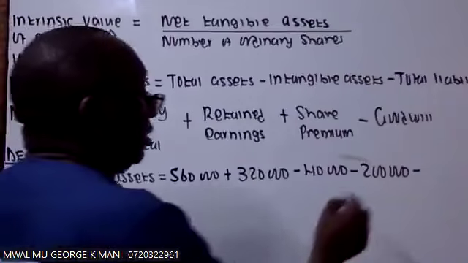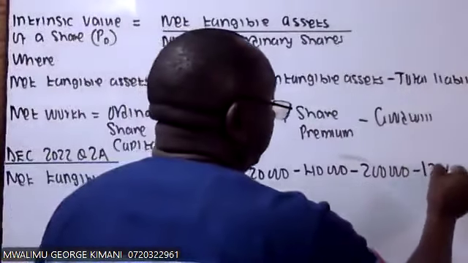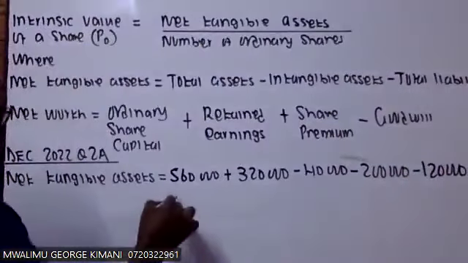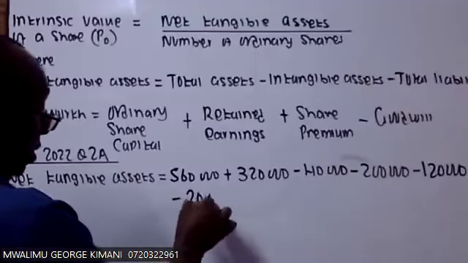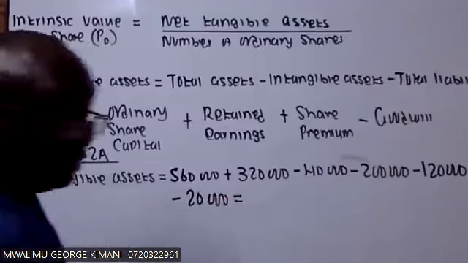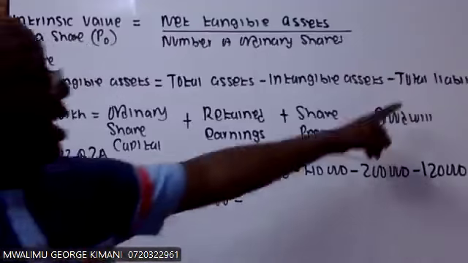So you minus 120,000 and you minus 20,000. Those are the total liabilities.